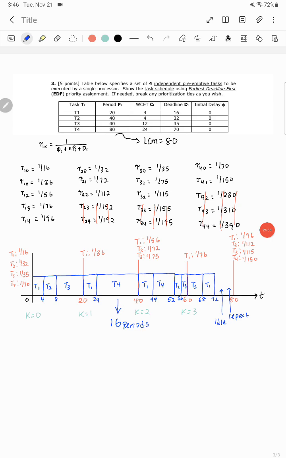Now, the reason why we had to halt the execution was because T1 had a higher priority than T4, right? T1's priority was 56, T4's priority was 1/70.